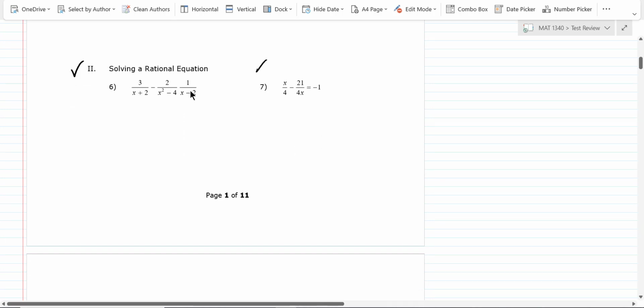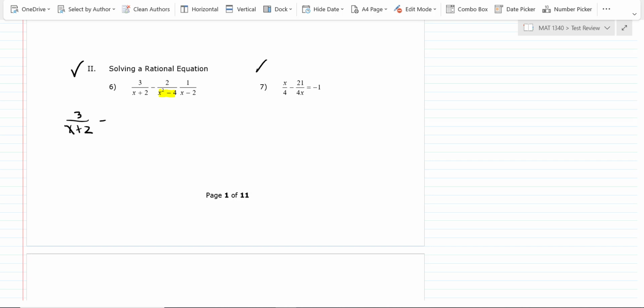So you'll see one problem that's an equation. We call this a rational equation, and we'll kind of look at that. The idea with these kind of problems is to make all of the denominators go away. That's a general rule of thumb. If your equation has fractions, get rid of all the denominators. On this very first problem, the first thing that you want to do is factor that denominator because it does factor.